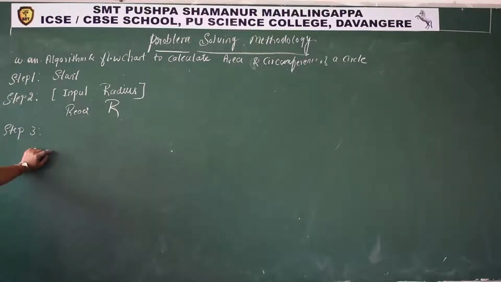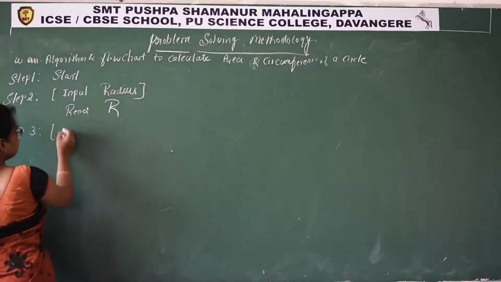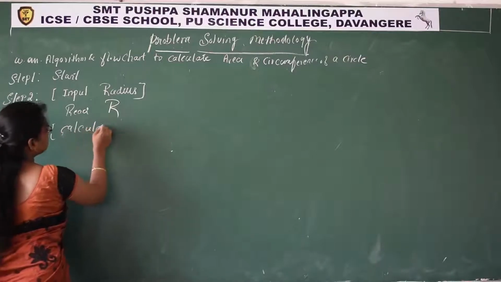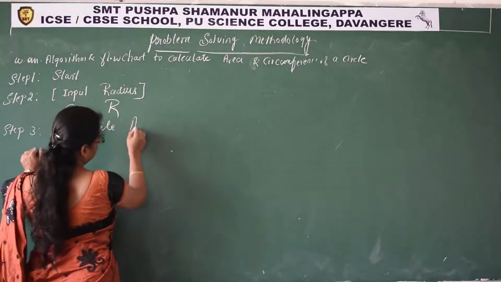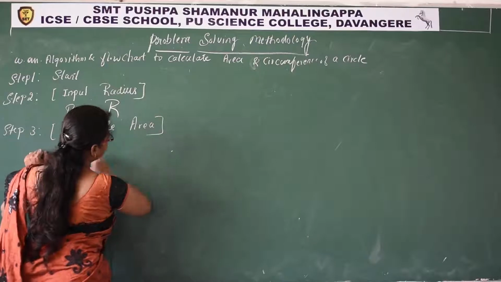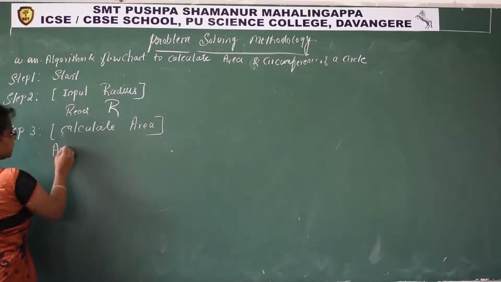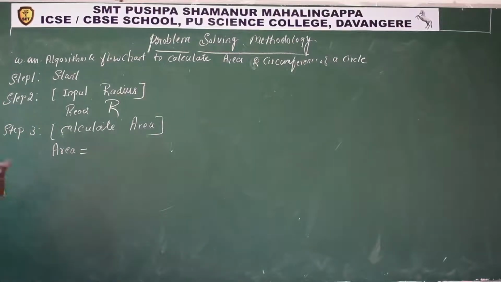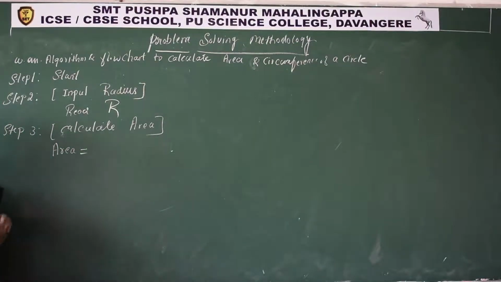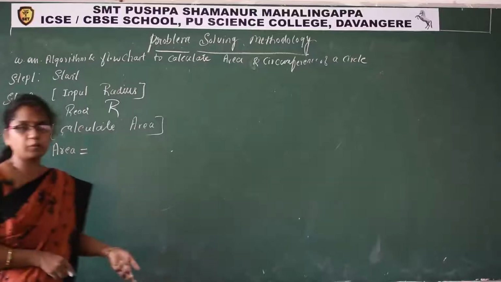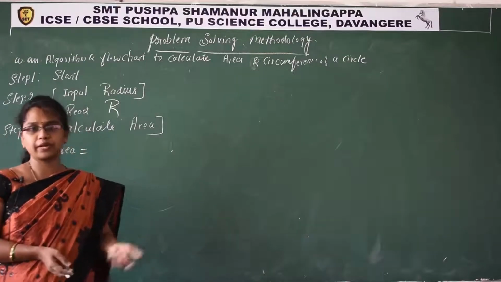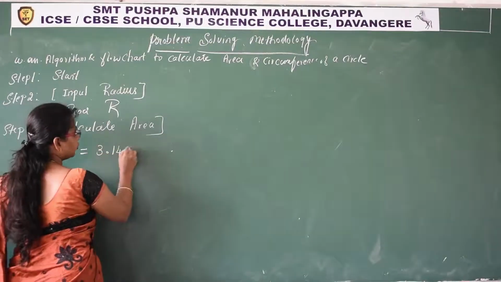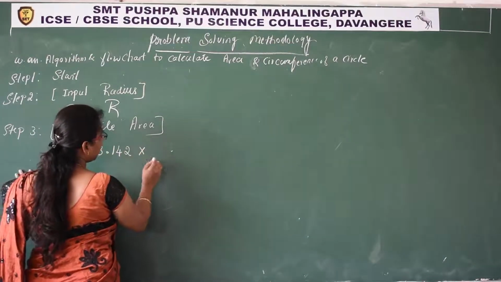Next, step 3. You have to calculate area. So let us write the comment here: calculate area. Area is equal to pi r square. We don't have a value for pi on the keyboard, there is no key for pi, so we must use a direct value here, 3.142 into r square.